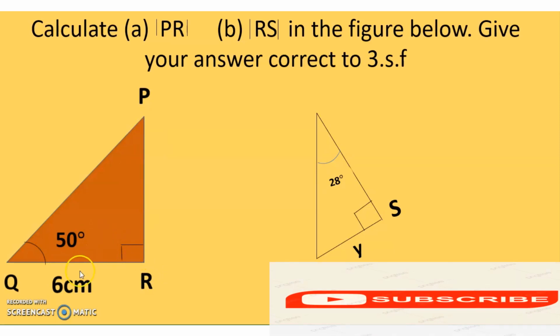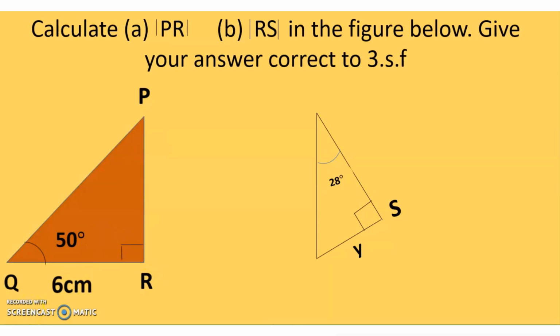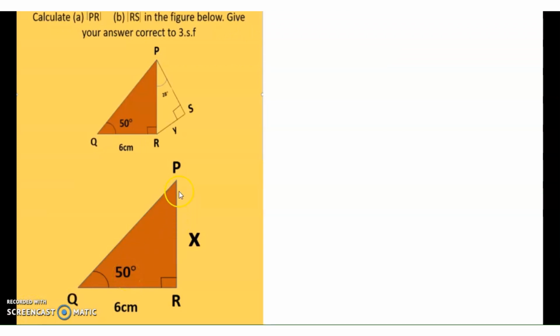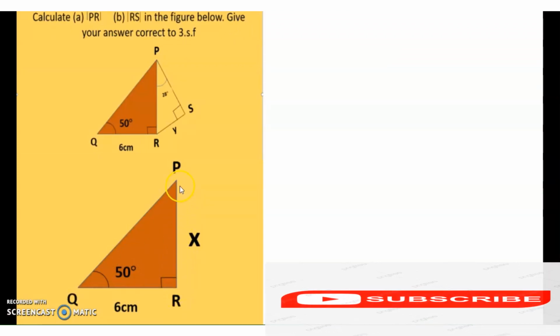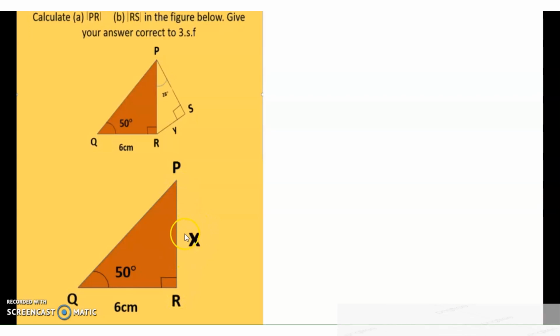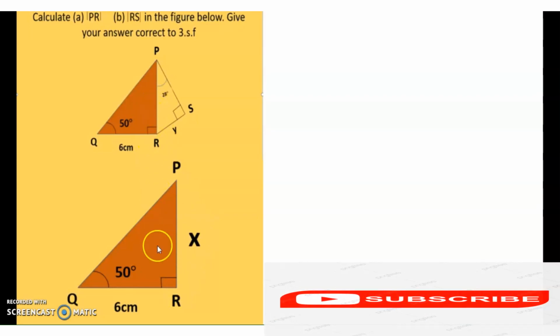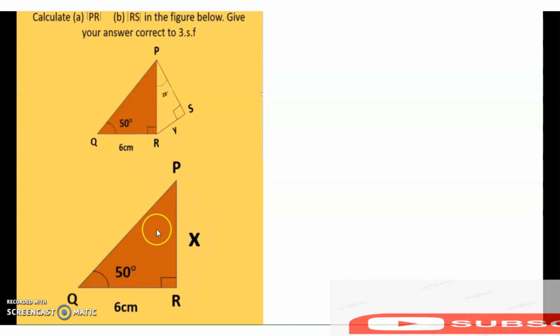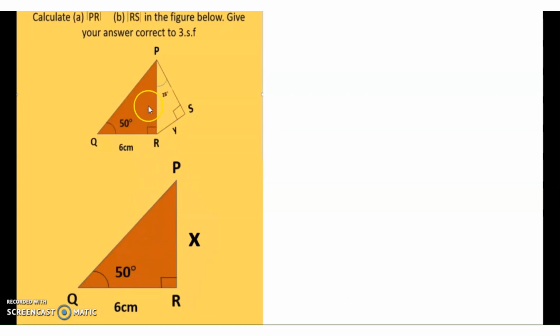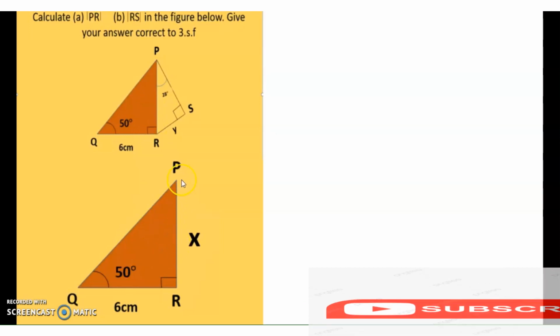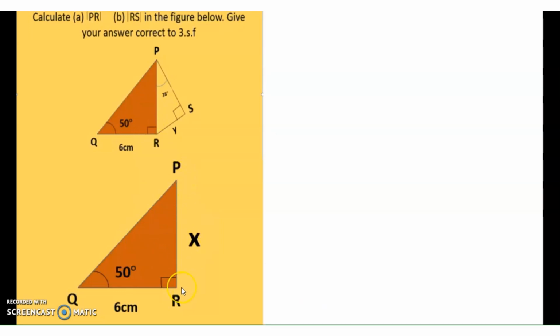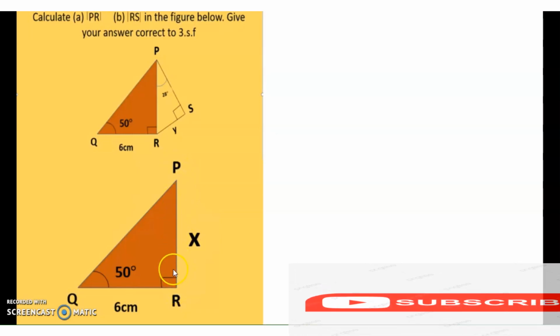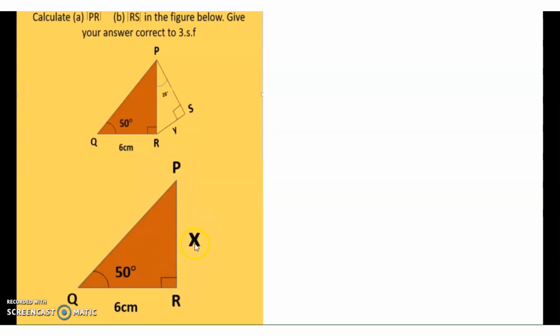Now, in order to solve for side PR, we are going to label the side we are looking for X. Please look at these two diagrams again. I got this second diagram out of the first diagram.